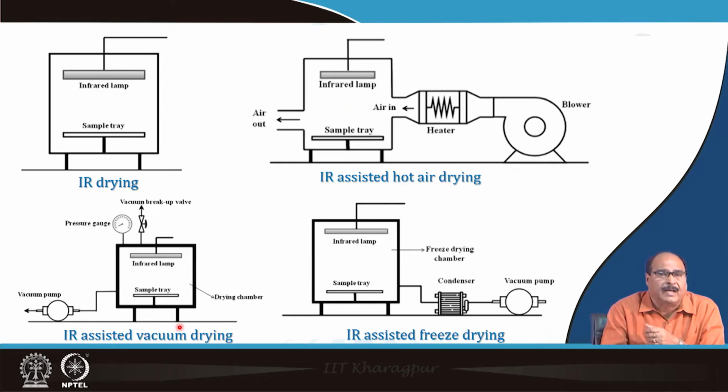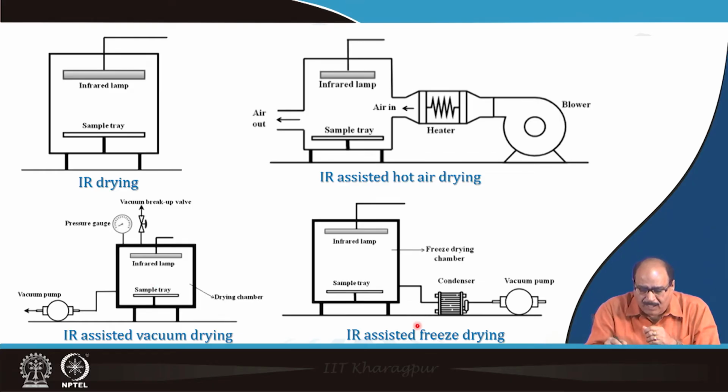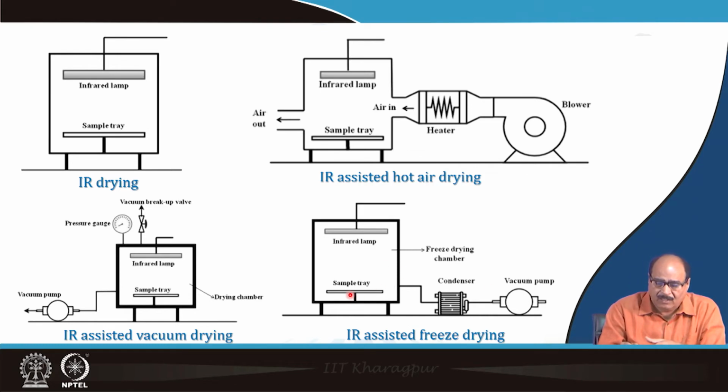Infrared assisted vacuum drying has a chamber provided with a vacuum pump, so that the pressure is reduced, which facilitates vaporization at a lower temperature. And then infrared assisted freeze drying. With freeze drying principles, the sample tray is here, and lower temperature condensers are provided to reduce the temperature to -23 or -50 degrees, whatever is required. Then the infrared lamp is provided.